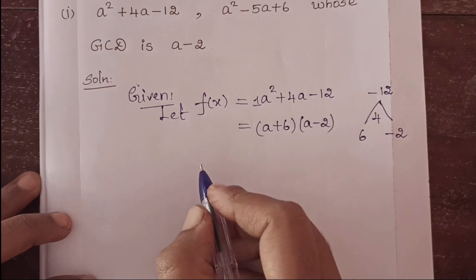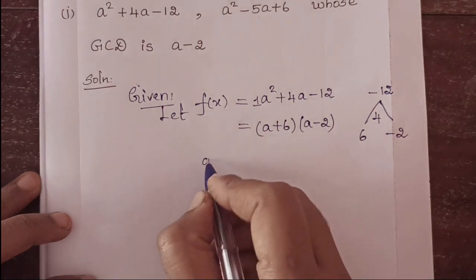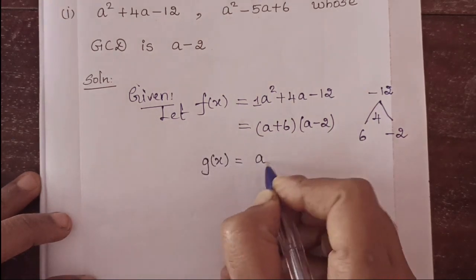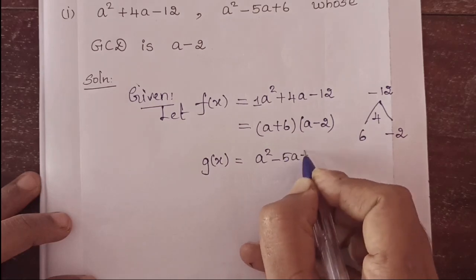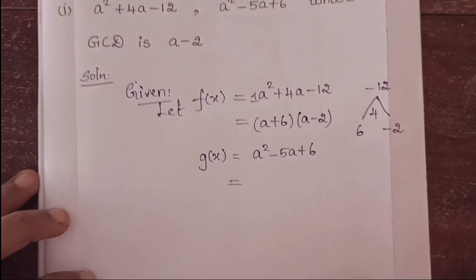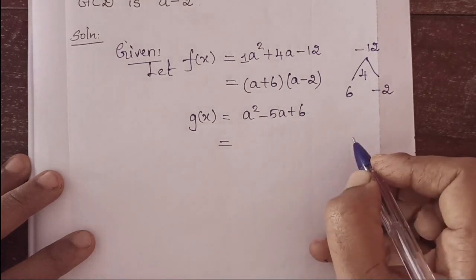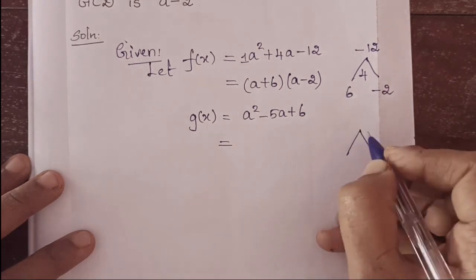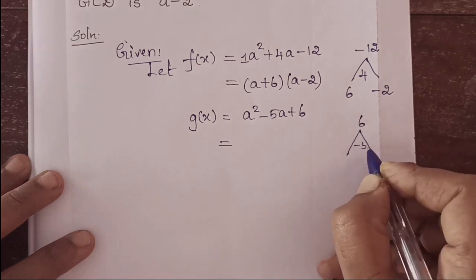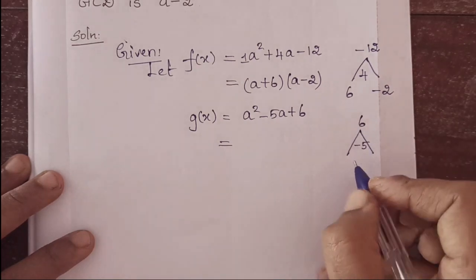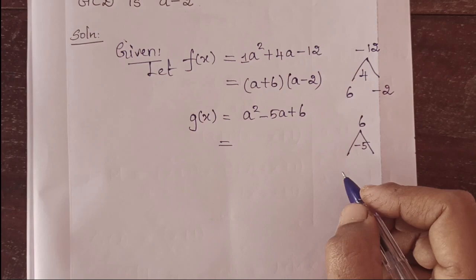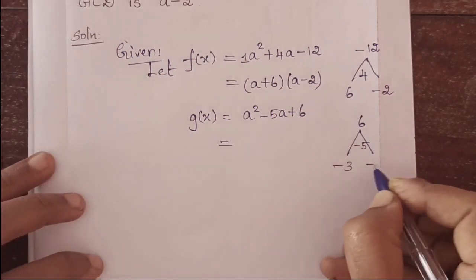Similarly, for g of x also, we need to find. What is that? g of x equal to a square minus 5a plus 6. It is also a quadratic polynomial, so definitely we need to factorize it. Using this method, we need to factorize. Can you guess the numbers? Minus 3 and minus 2.